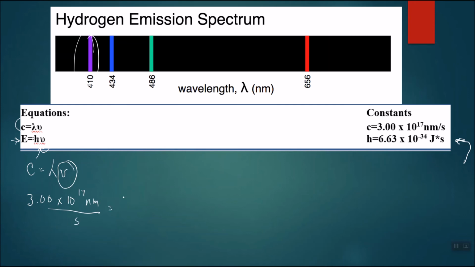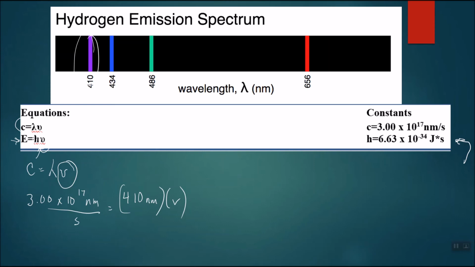Wavelength is 410 nanometers. Let's solve for nu, for frequency. So we're going to have to get 410 to the other side. We do that by dividing.